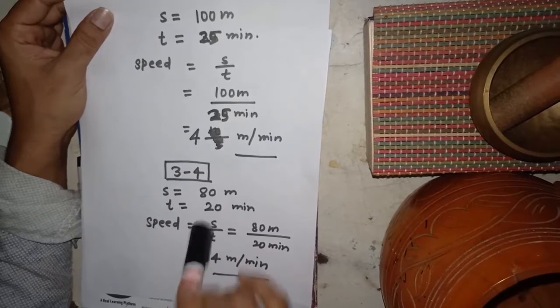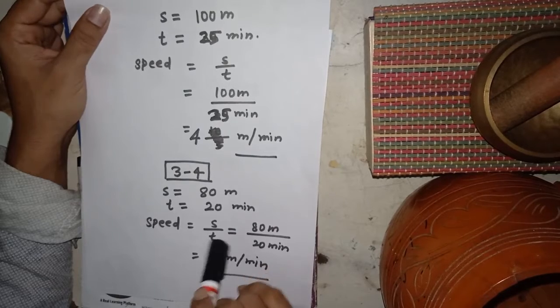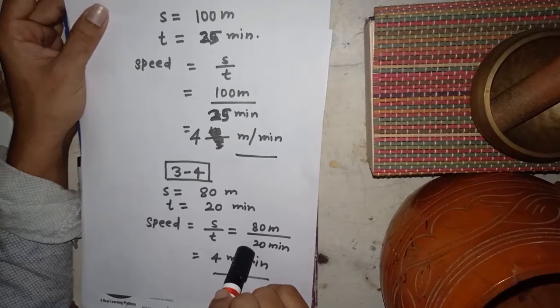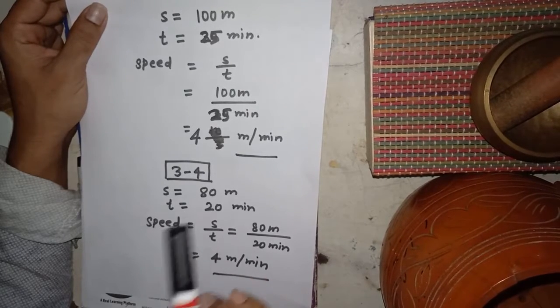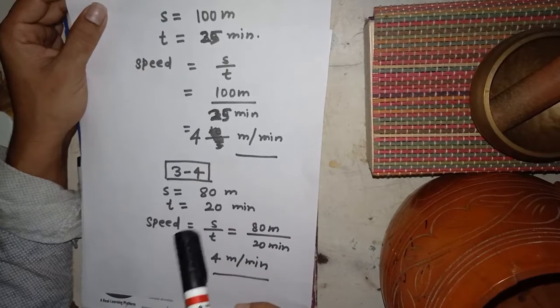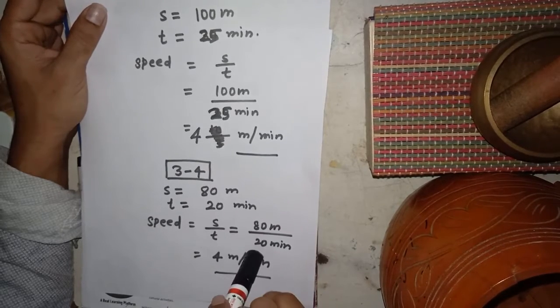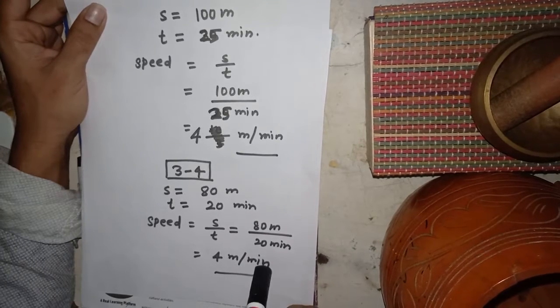So what conclusion do you get from this observation? Obviously, in all the cases, the speed is the same. So we can say the man must walk with uniform speed, uniform velocity, or constant velocity, which is 4 meters per minute.